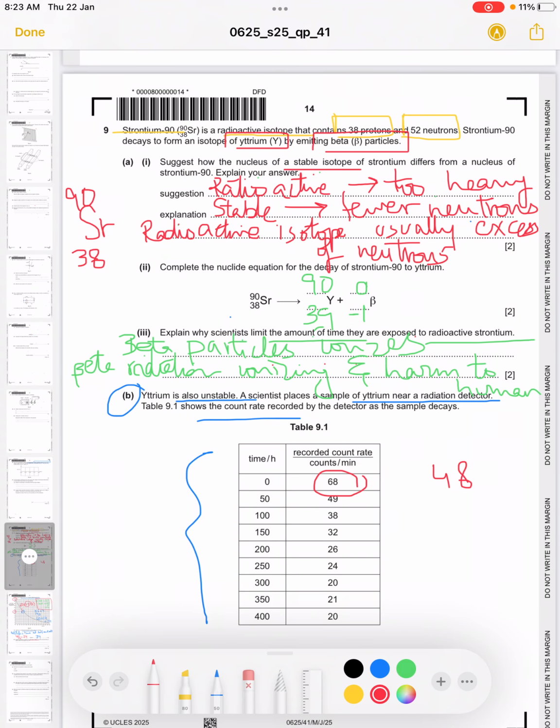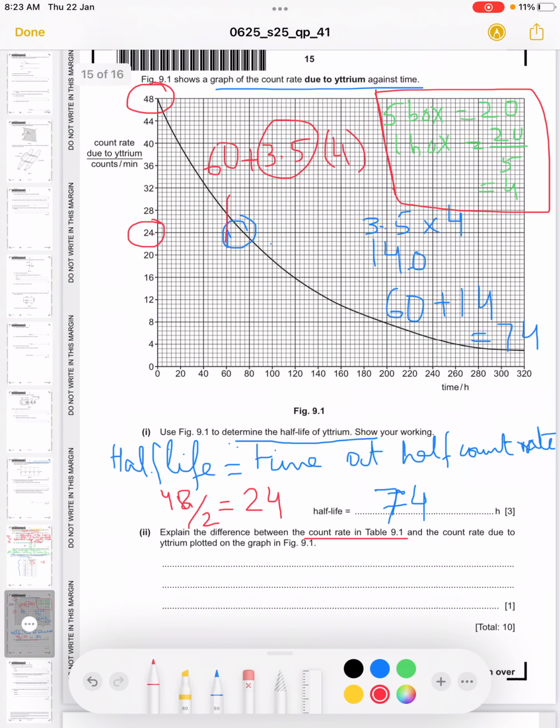So in this case we can say, blue color, wait, I'm changing the color, green.